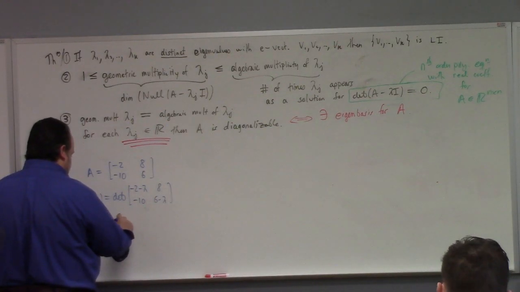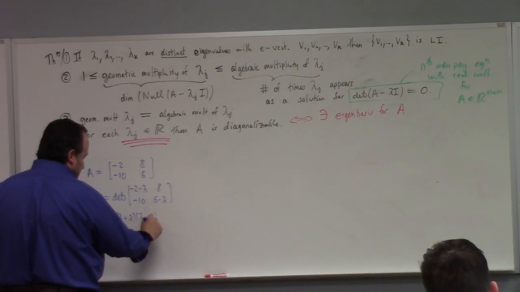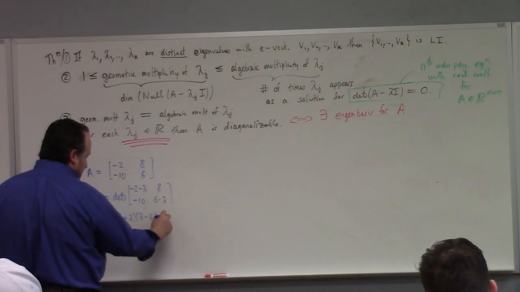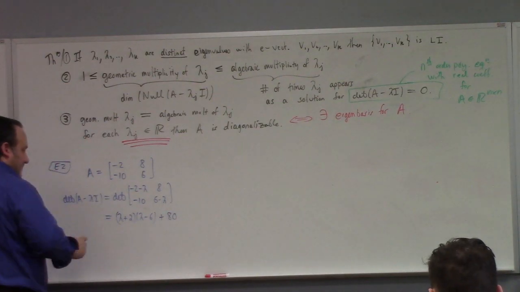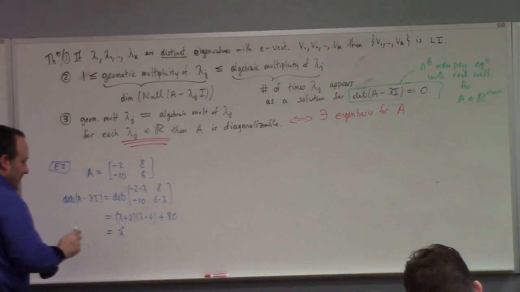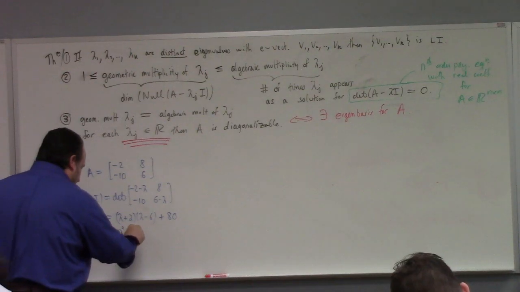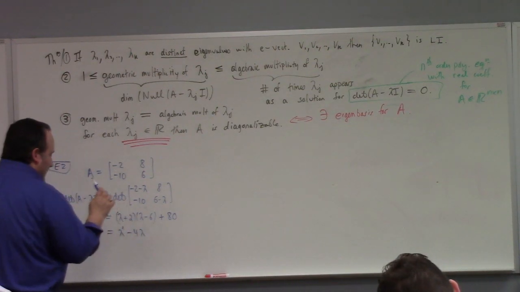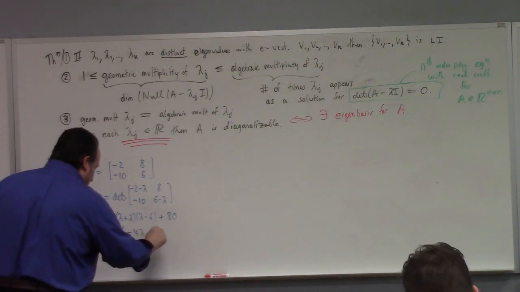Do the math here. We get lambda plus 2 times lambda minus 6 plus 80. If I multiply that all out, I've got lambda squared, plus 2 minus 6 is minus 4 lambda, and then I've got minus 12 plus 80, plus 68, all right?